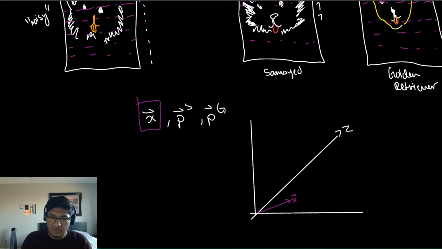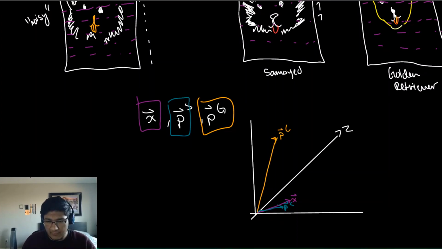Now PS is a different vector, so we're going to represent it in this tealish color. Let's say PS is something like this, right? And then let's say we have PG in this color. Let's say PG is this vector. So here we have our plot. This is what the computer is going to analyze.